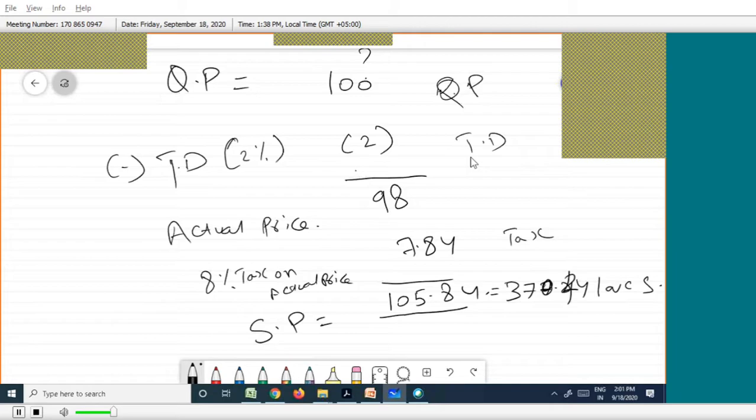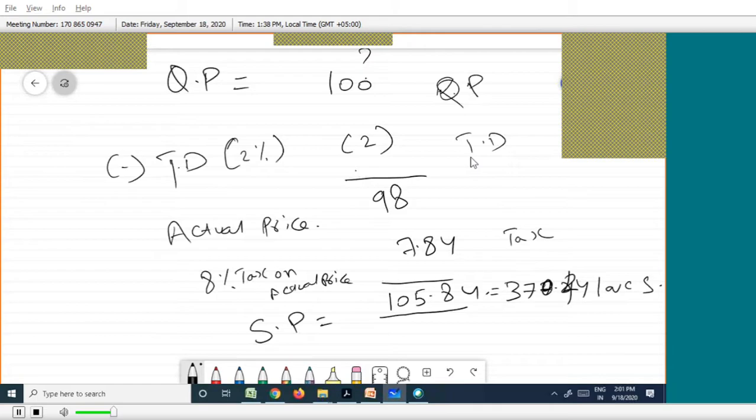If 370.44 is for 105.84, then what about 100? How much are we getting for 100?